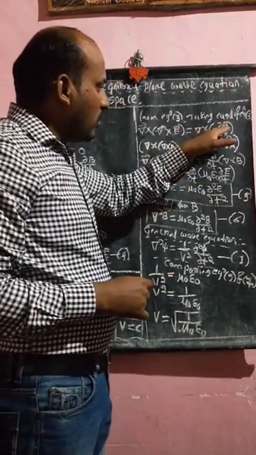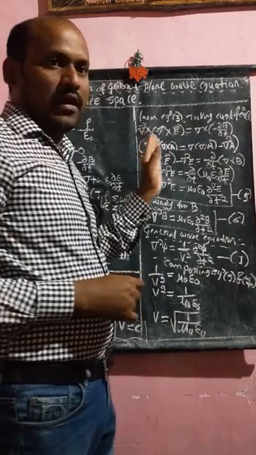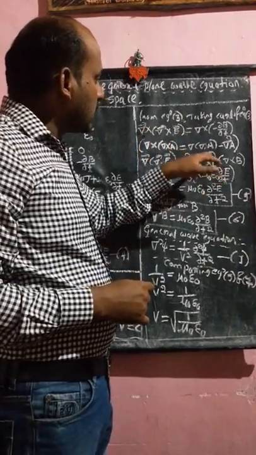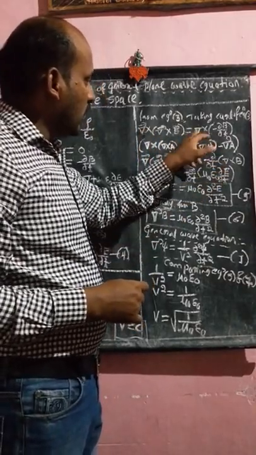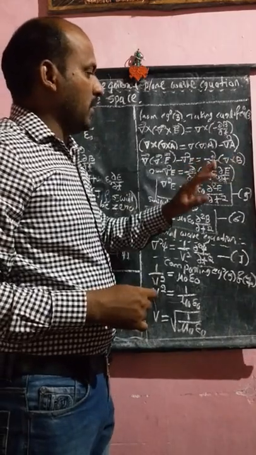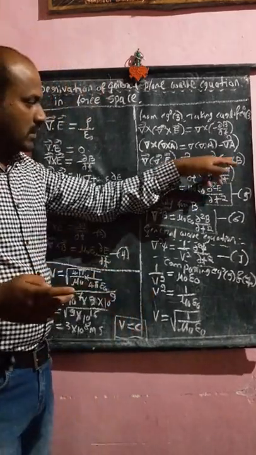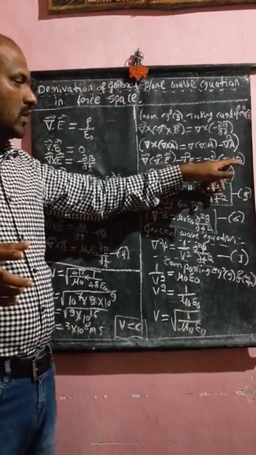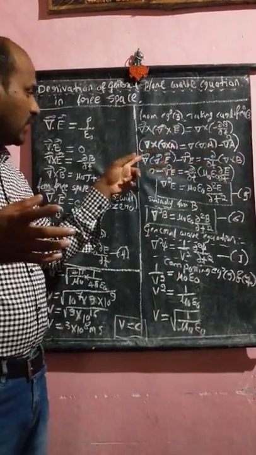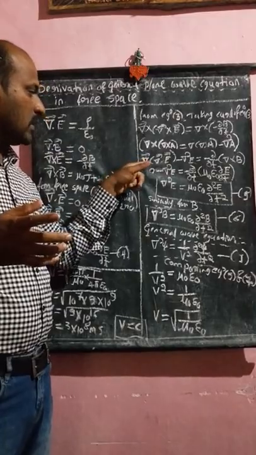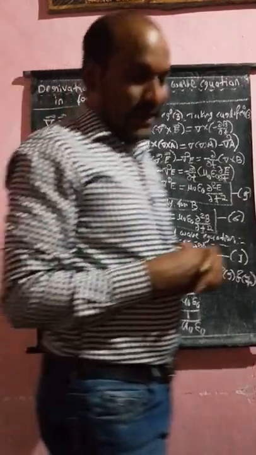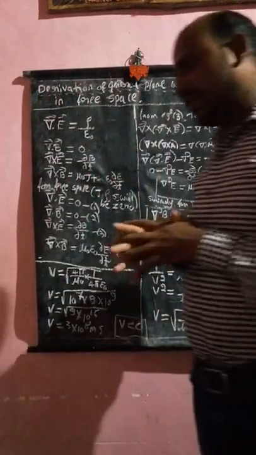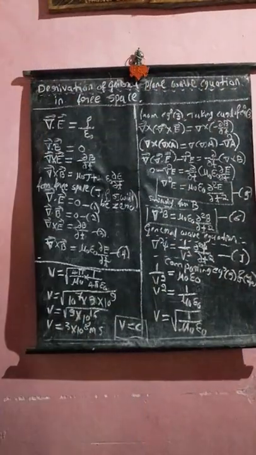On the right hand side, dou by dou t is kept outside the bracket, so it becomes del cross B. Dot we call divergence, cross we call curl, and if it is neither dot nor cross, it is a gradient; this was done in previous classes.